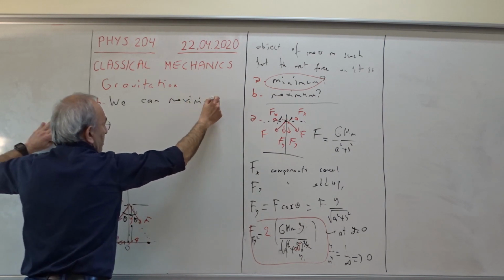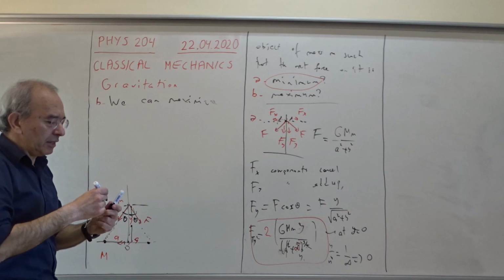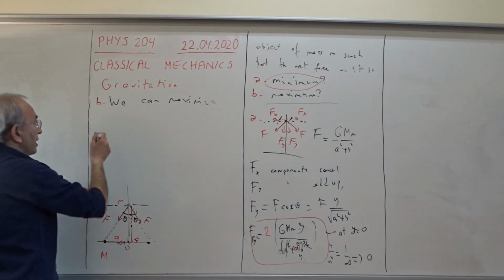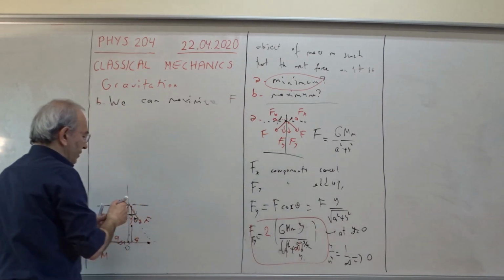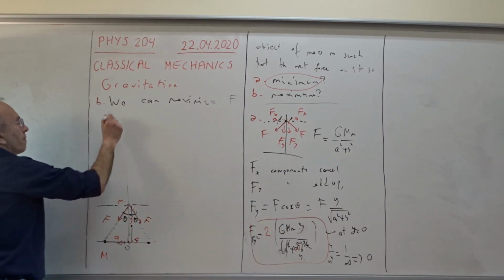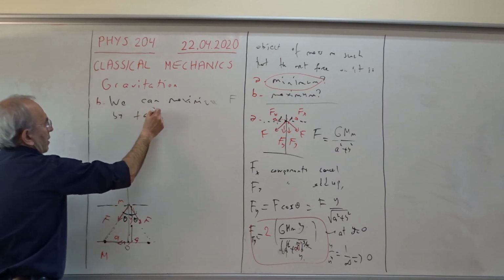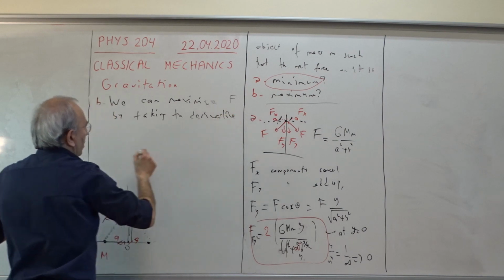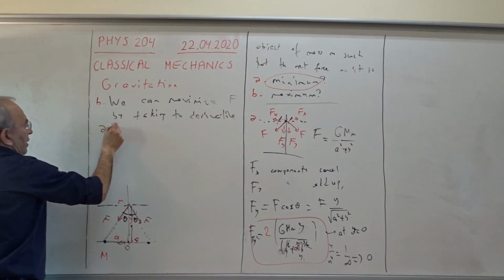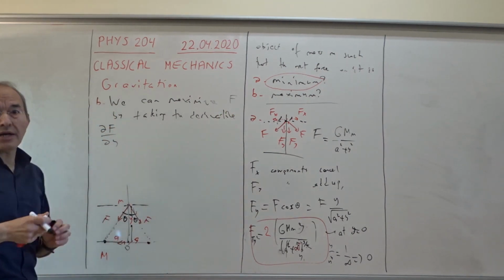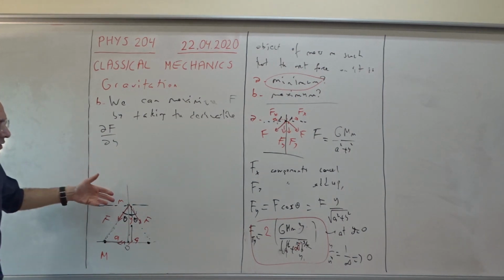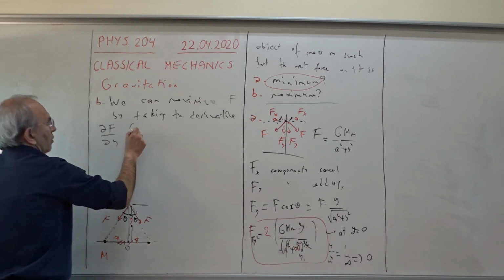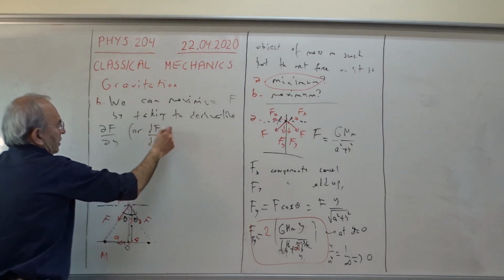You can maximize or minimize, of course, but in this case, minimum values are already found. We can maximize f by taking the derivative del f by del y, partial derivative in general. However, here there is only one variable, so we can write it as a normal derivative, df by dy.